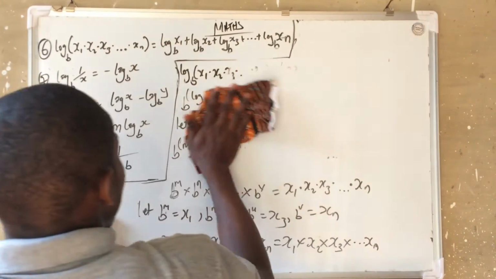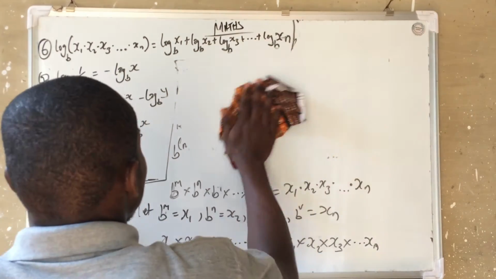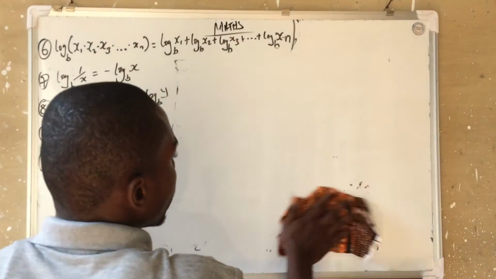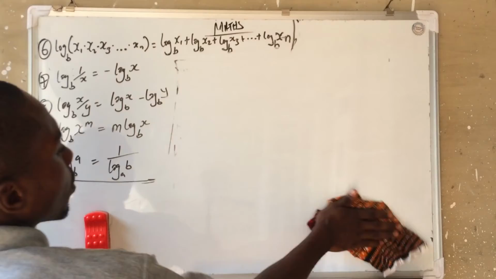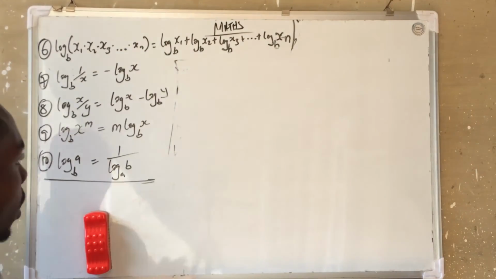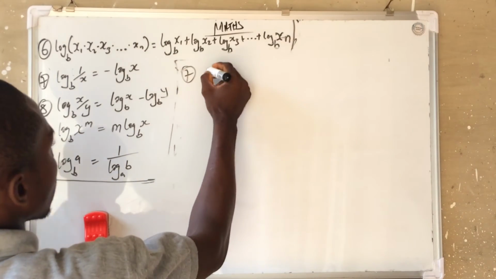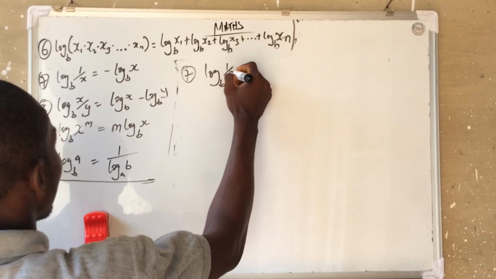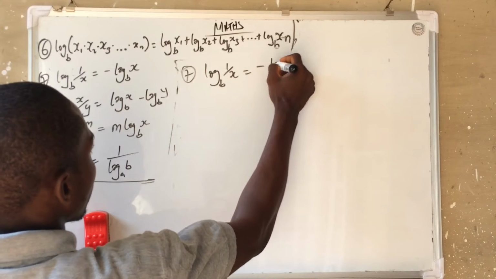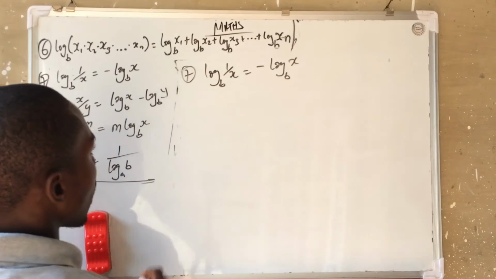So the next one we are going to show now is number 7. Number 7 says the log to the base b of 1 over x is equal to negative log to the base b of x.